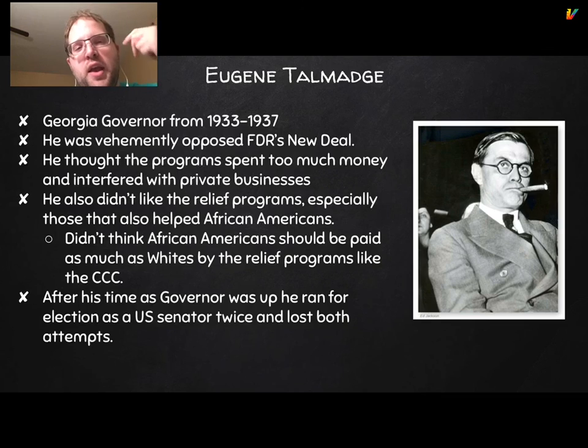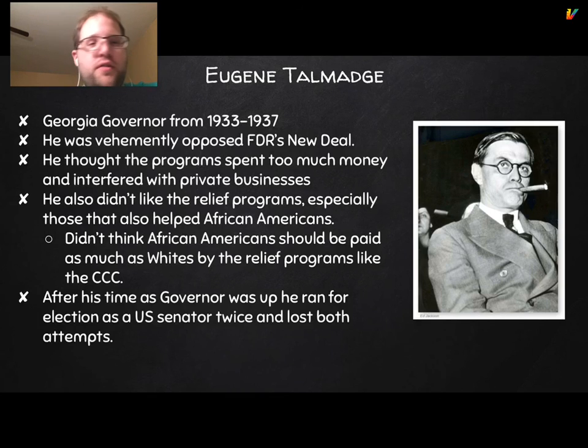Reason number one is that with the New Deal, he thought that the government was taking too much power away from private citizens, or taking business opportunities away from private citizens. Because if the government's creating all of these jobs, that's going to hurt the private companies that used to do those jobs.